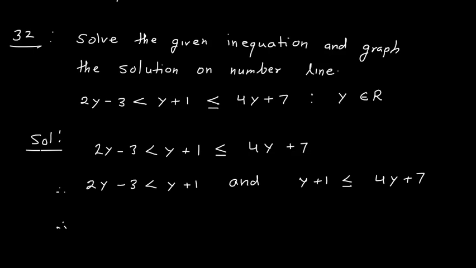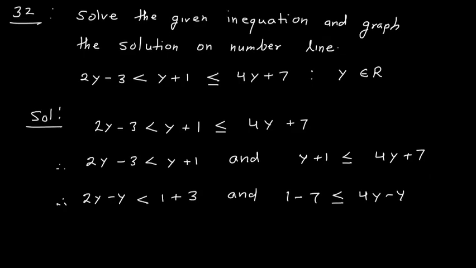So therefore here 2y minus y is less than 1 plus 3, and here I will move this y on right hand side. So I will say that 1 minus 7 is greater than or equal to 4y minus y.